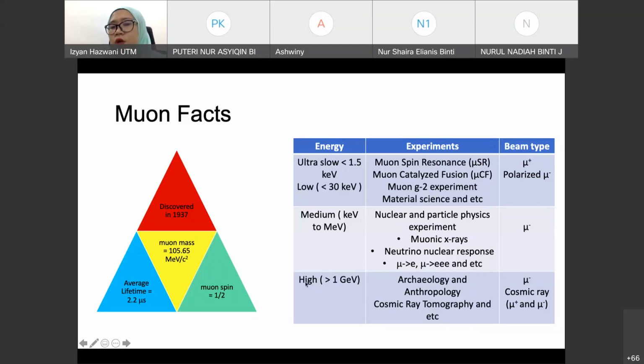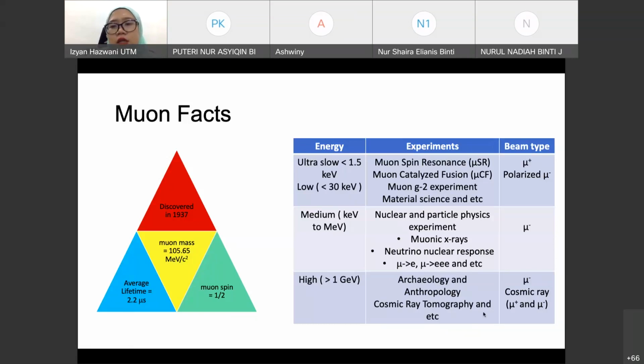And if you are using very high energy muons, you are able to investigate archaeology or anthropology, which is related to historical discovery. You can try to Google cosmic ray tomography or radiography analysis using muons.